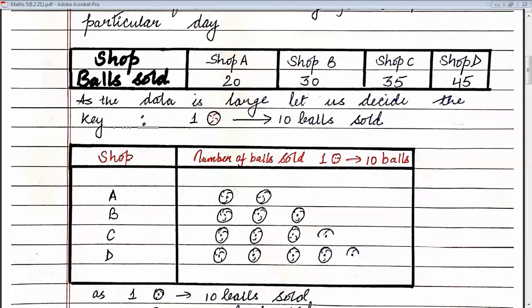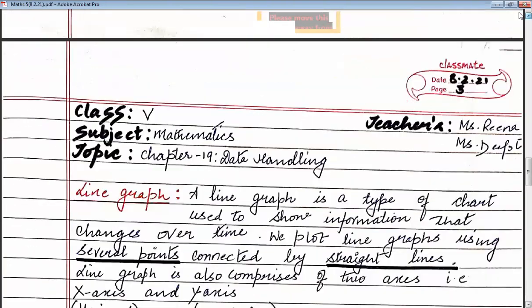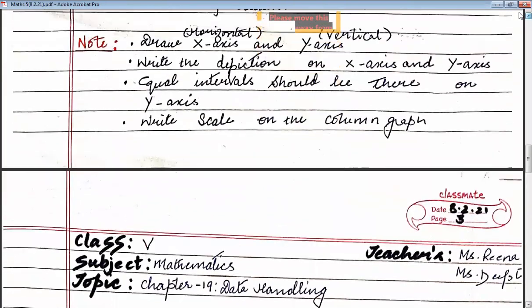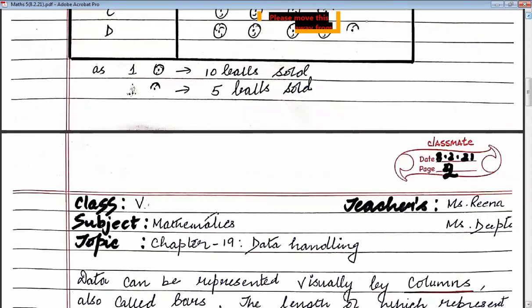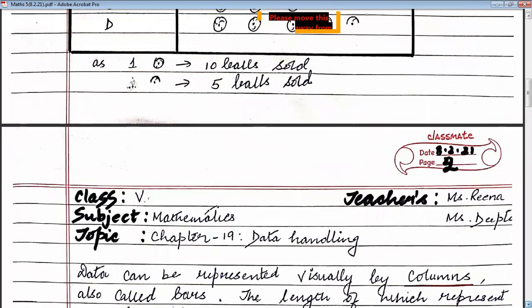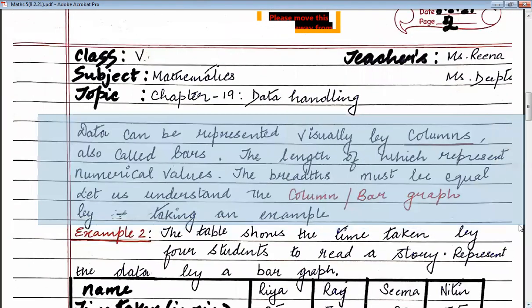Okay. Now let's see our next graph, that is your bar graph or column graph. Now children, your data can be represented by columns, also called bars.